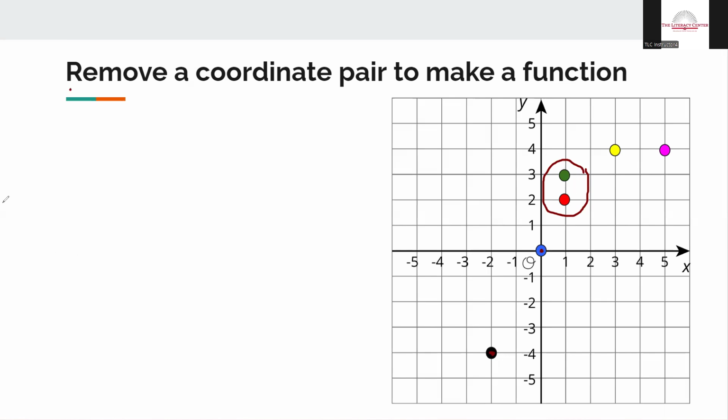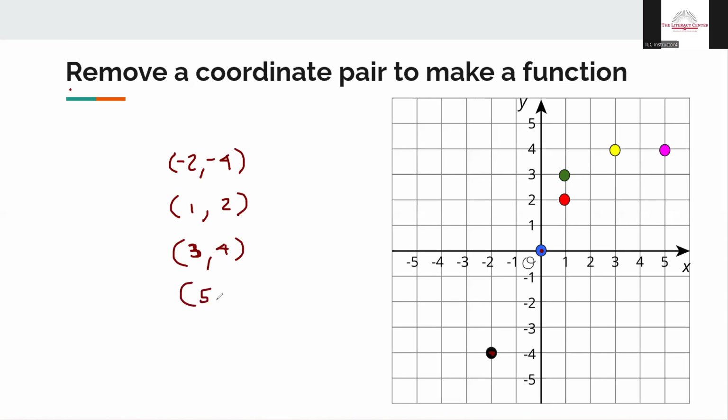So in a question like this, you will need to remove one of these points. And the way the question will be written, only one of them will be available to be removed. So, for example, the answers might be -2, -4, 1, 2, 3, 4, or 5, 4.